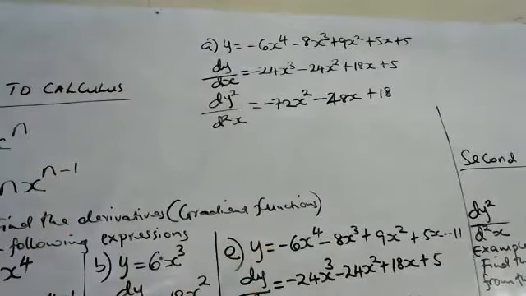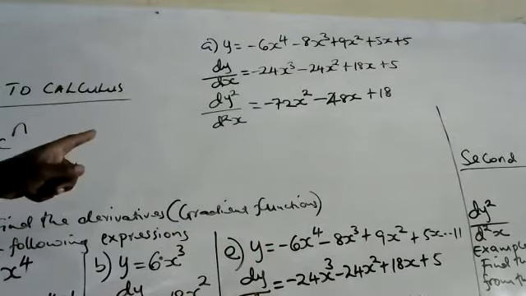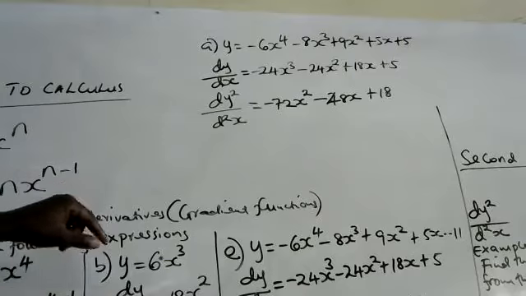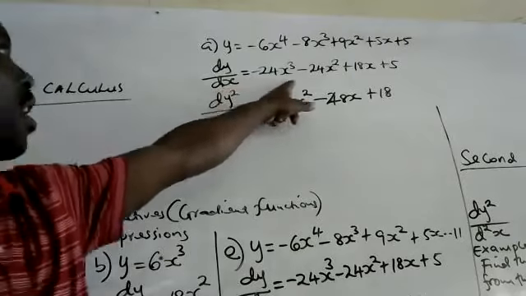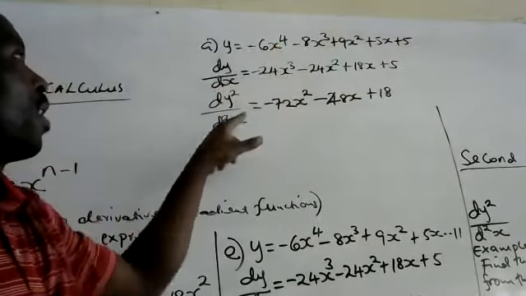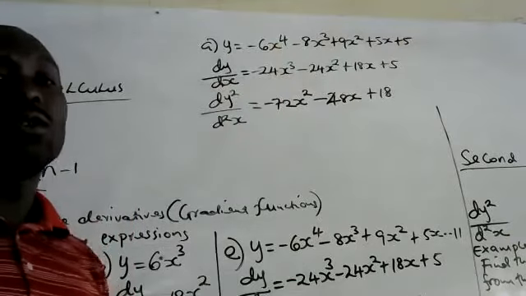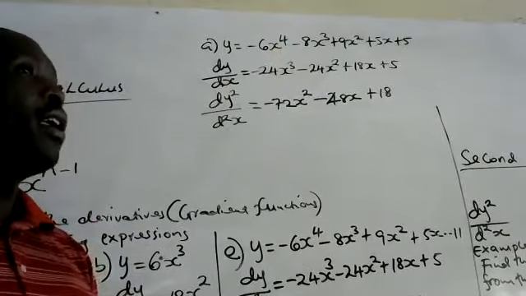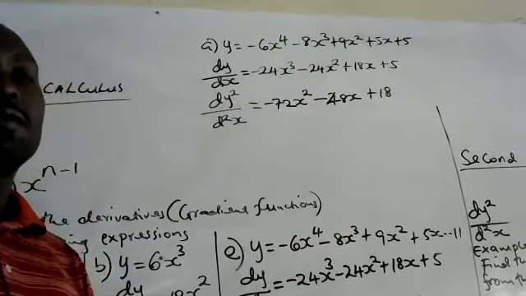So the second derivative, first of all, you get the first derivative, which is dy over dx. Then after getting the first derivative, you differentiate that first derivative to get the second derivative. So sometimes you can be asked in a question, find the second derivative of the following functions.